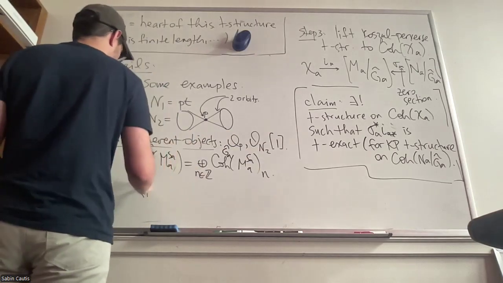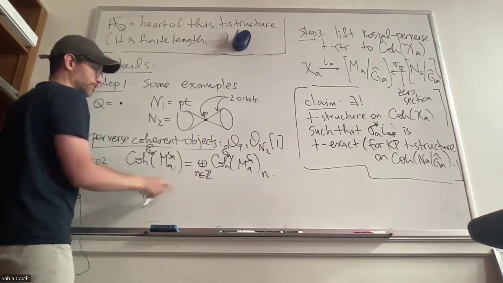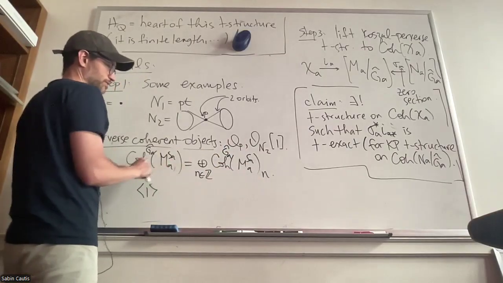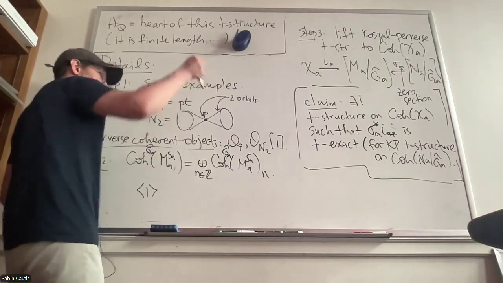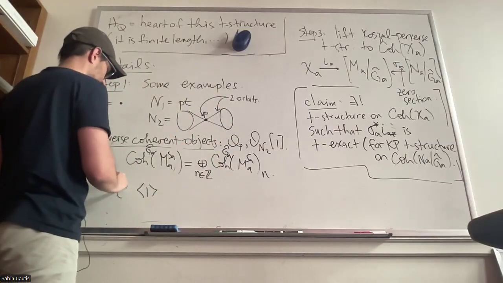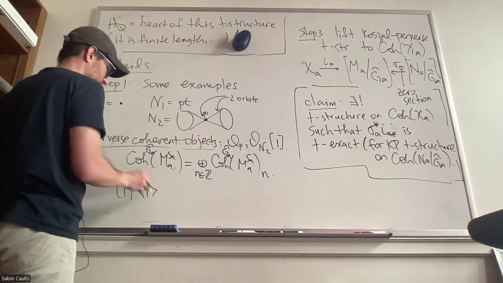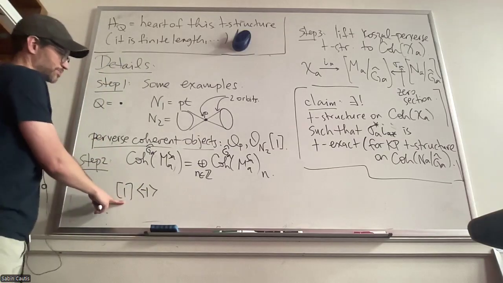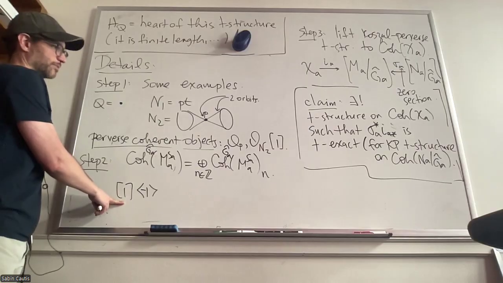Originally, shifting by one would take you from this block to the next one, and it was T exact for the original T structure. But now, because you shifted the blocks by 1, 2, 3, depending on what n is, shifting by this much is going to be T exact.